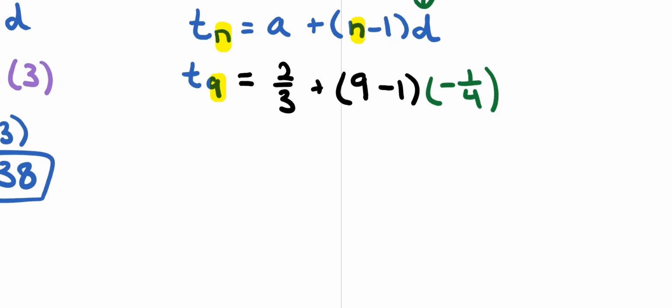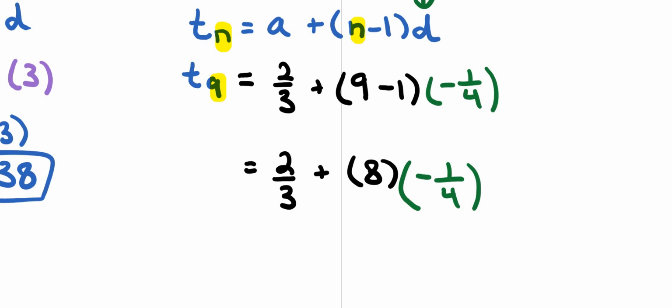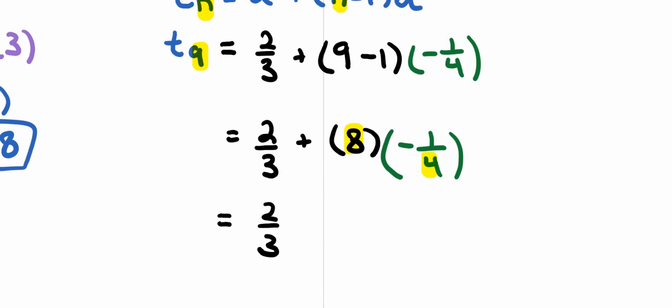Okay, a little bit of fraction work to do for this problem. So this will be 2 over 3 plus 9 minus 1, which is 8, and I times this by -1 over 4. 8 divided by 4 is going to be 2, but since there's a negative and a positive sign, that's going to be negative.